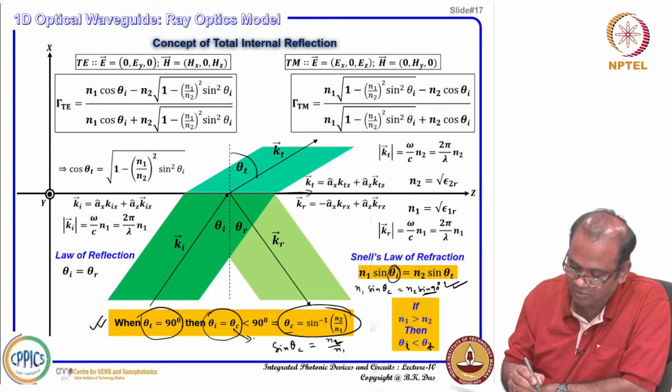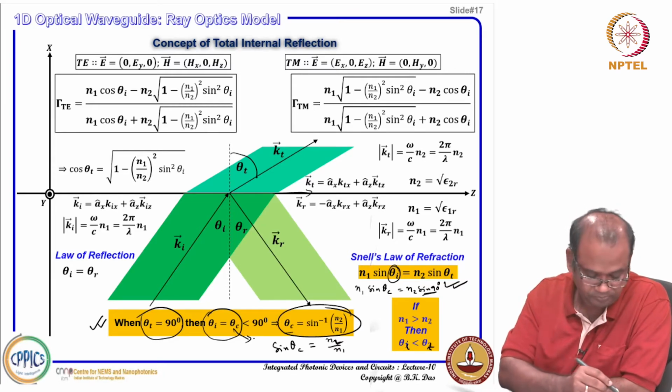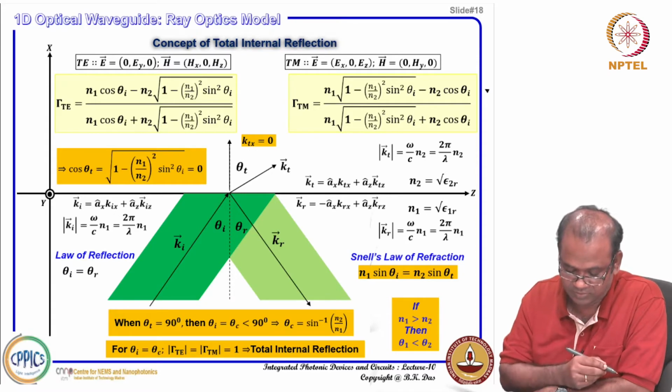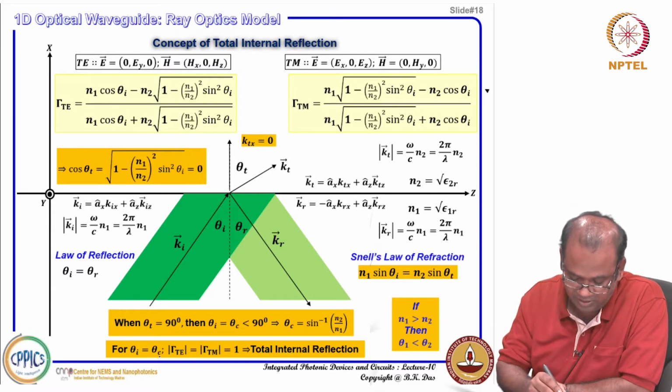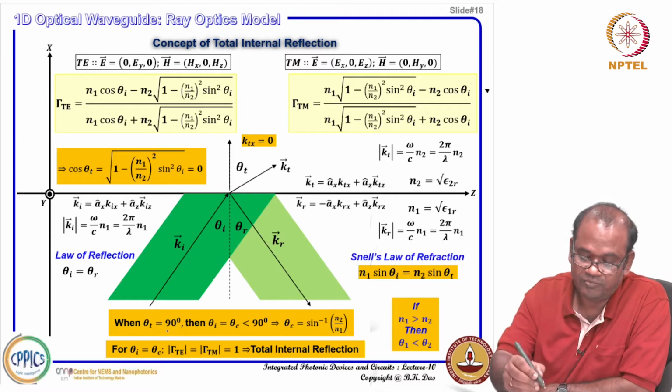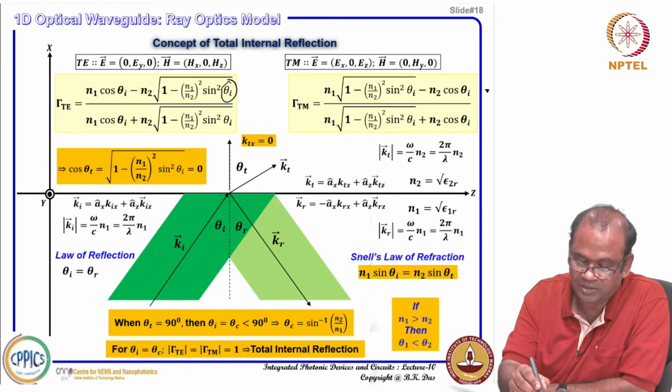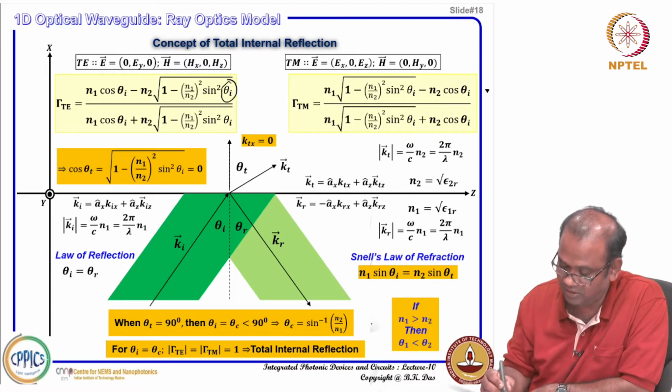So, for that situation to happen, we have two things. If theta I is equal to theta c, putting theta c, that means sin square theta c equals n2 by n1.